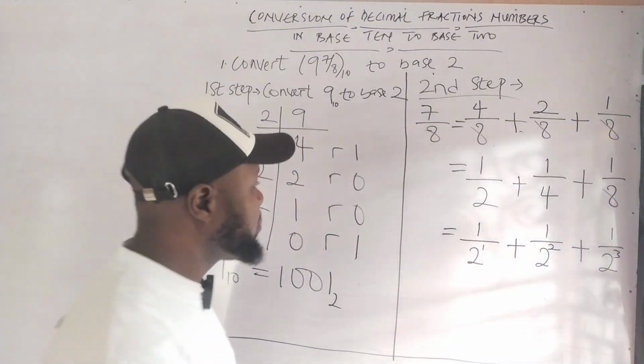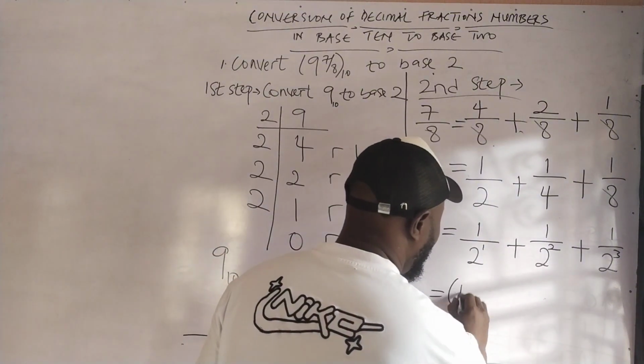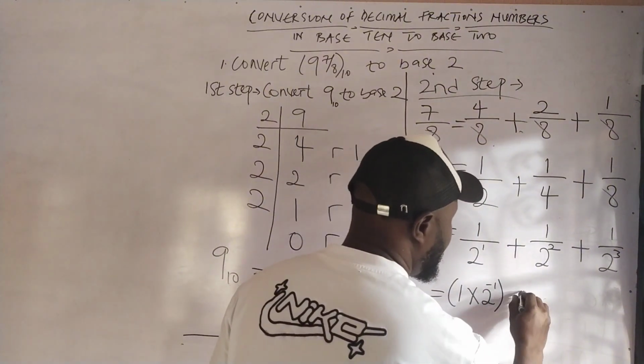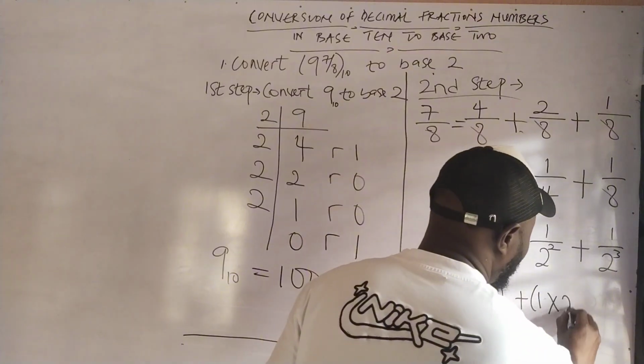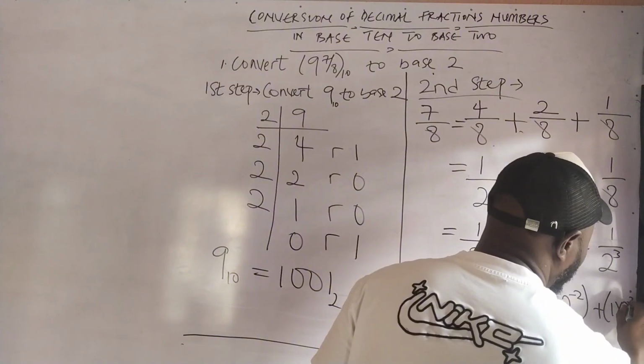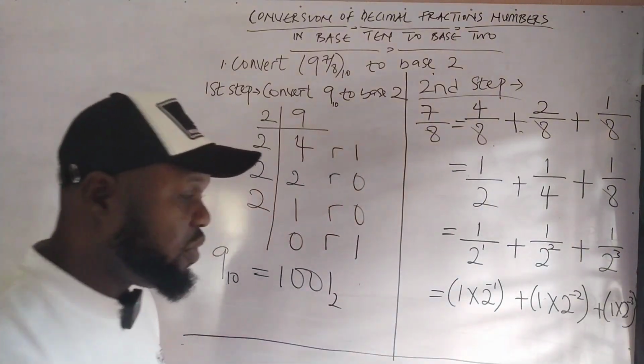It's still the same thing, right? So we can equally say 1 times 2 raised to power minus 1, plus 1 times 2 raised to power minus 2, plus 1 times 2 raised to power minus 3. You know, it's still the same thing.